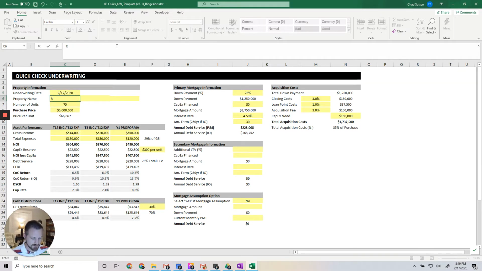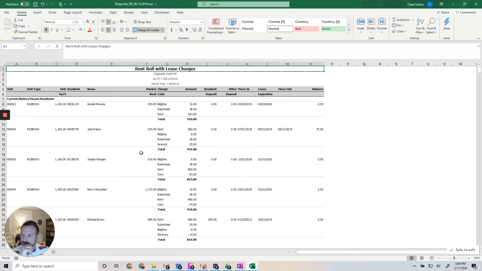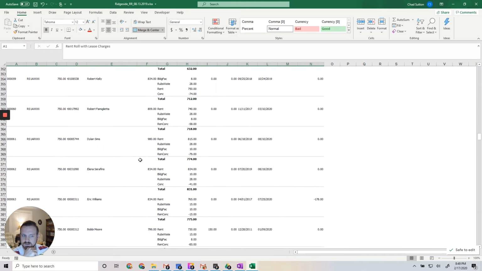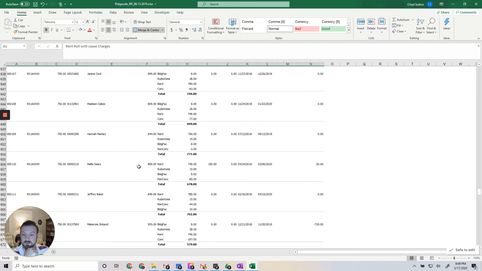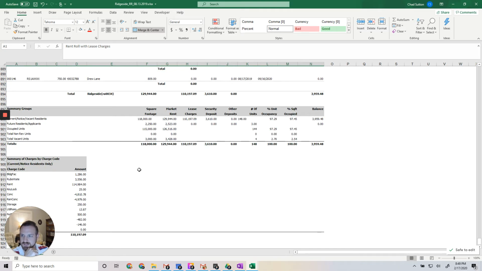This is called Ridge Side Apartments. I don't remember how many units it was. Let's go check our rent roll. If we scroll down to the very bottom, these are a bit bigger, by the way, so we're going to see what an actual long rent roll looks like.